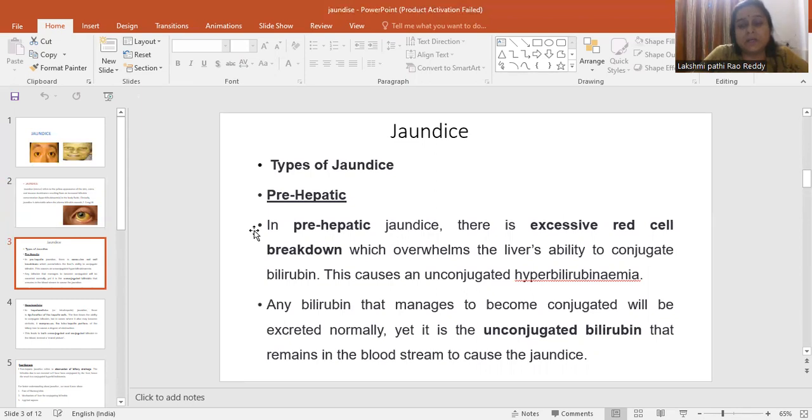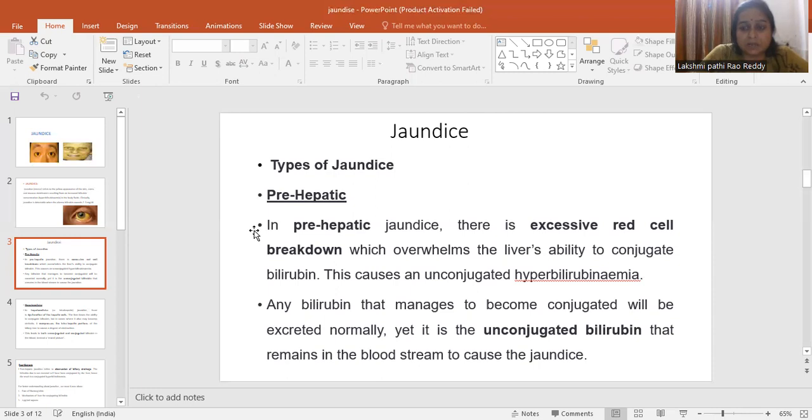After 120 days, our RBC will be destroyed, and ultimately we get bilirubin and biliverdin. This bilirubin has to be conjugated by the liver, but when the production of bilirubin is very high, the liver is not in a situation to conjugate this bilirubin.